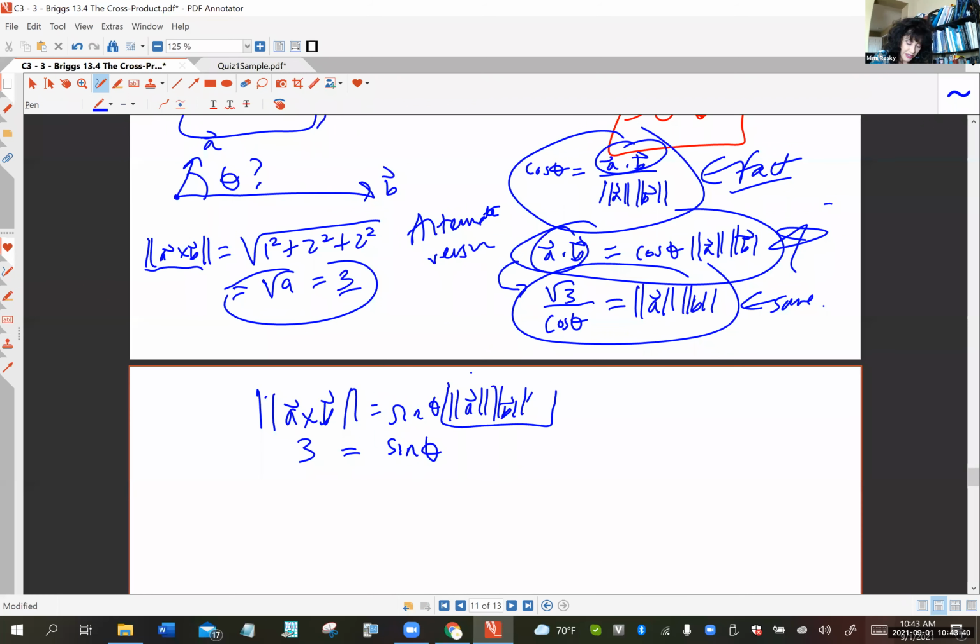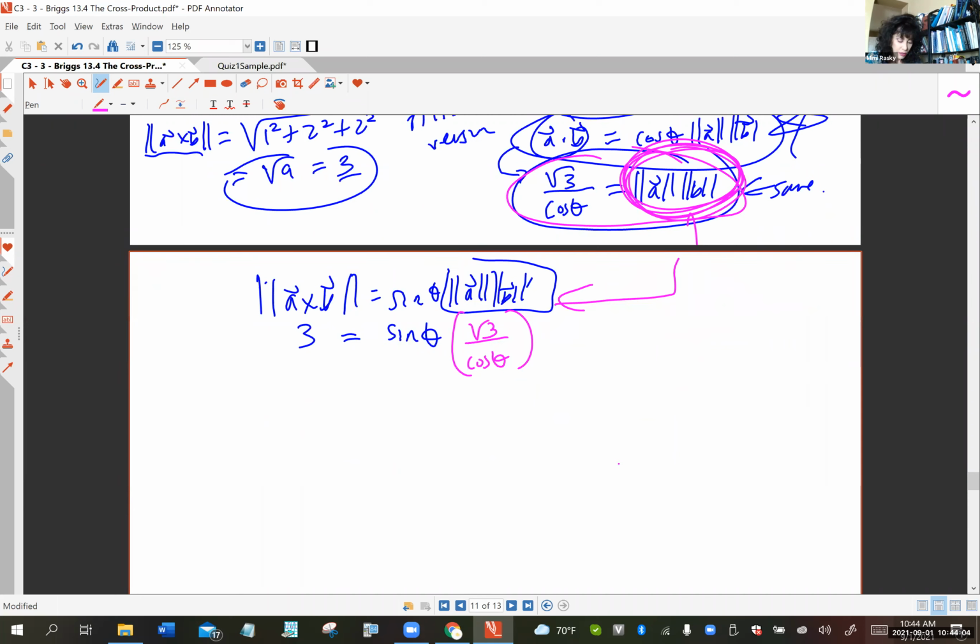And then for this magnitude product here, the product of the magnitudes of A and B, when I was using that alternate version of the angle between two vectors, I can say that the product of the magnitudes is the same as this quotient. So I'm going to substitute right there. Ooh. Okay.